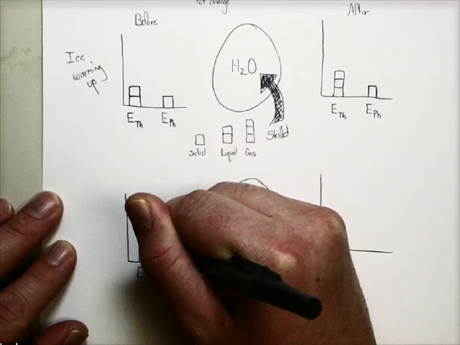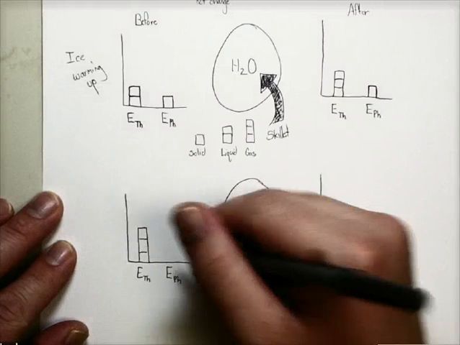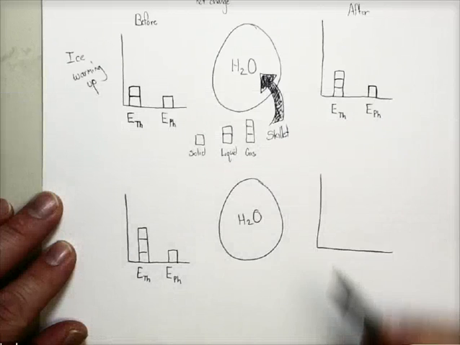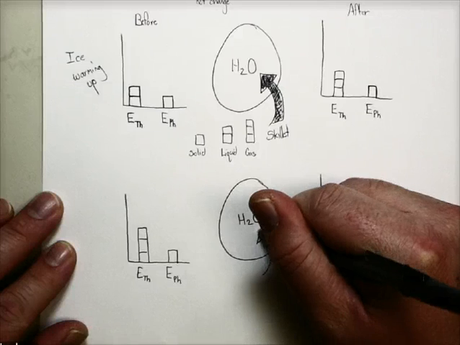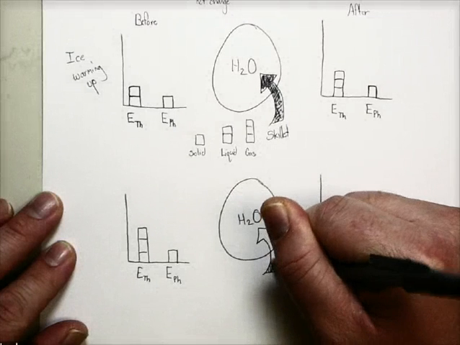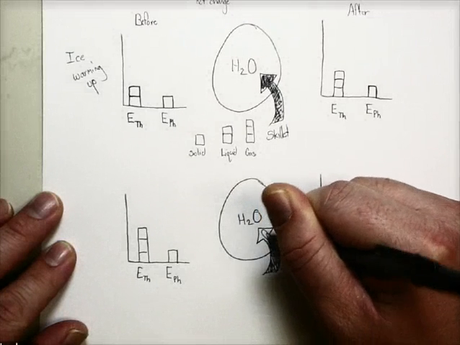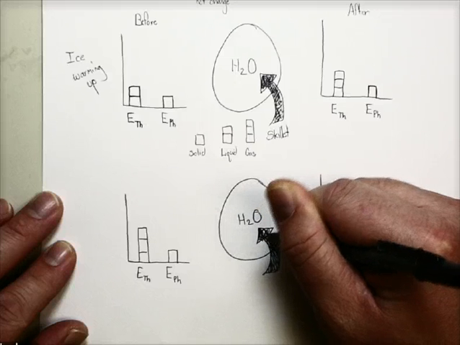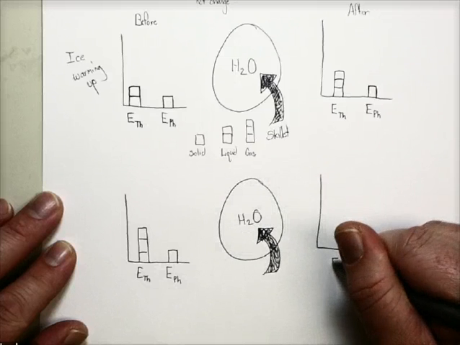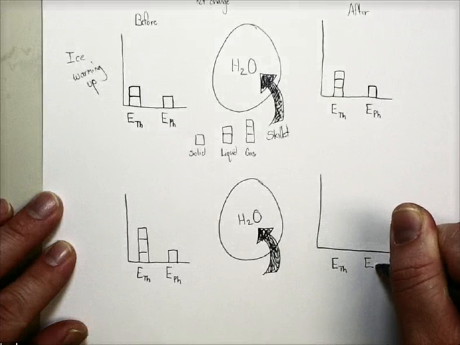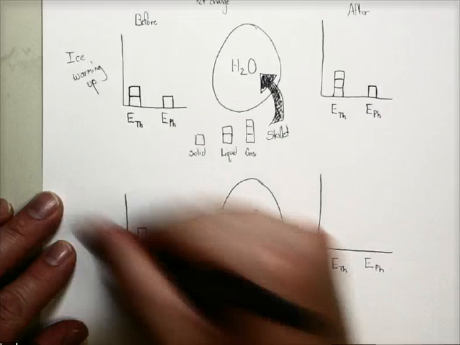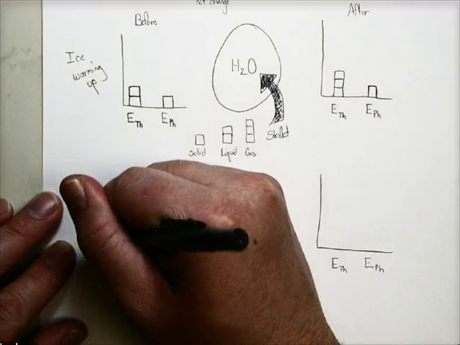That is 3 blocks of thermal energy, 1 block of phase energy. My skillet is still warmer than my water, so I still have energy flowing into my system. And that energy has to go somewhere, and so in my after chart, it's either going into the thermal energy or the phase energy. Now we said this is for ice melting.